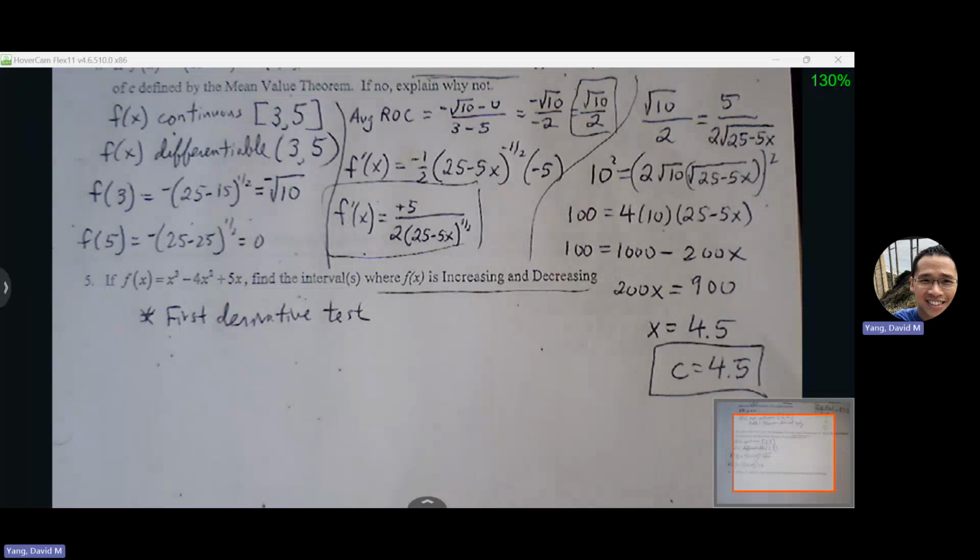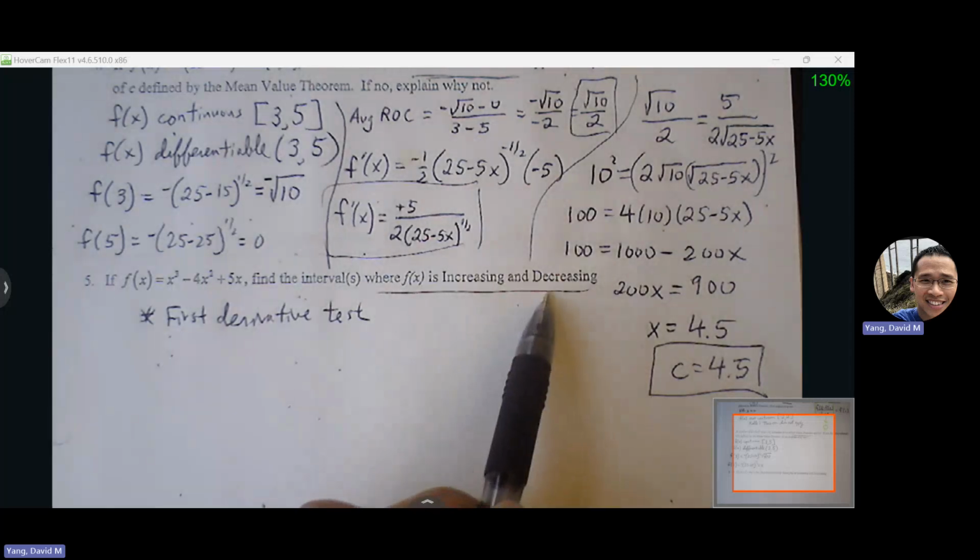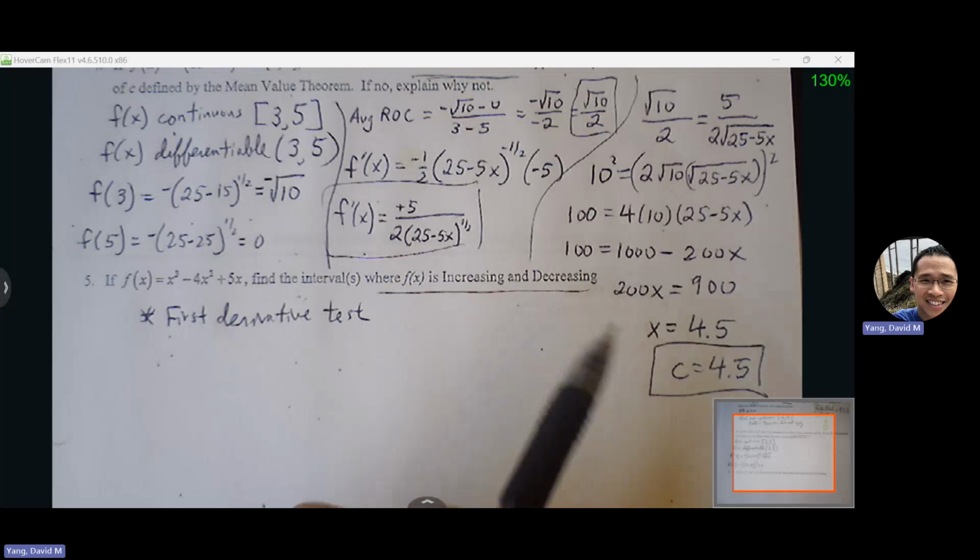So you're going to find f prime, set f prime equal to 0, find your critical points, populate your sign line, find test points, and then look at your arrows, and also justify your answer. So include because statements when you write your increasing and decreasing intervals.